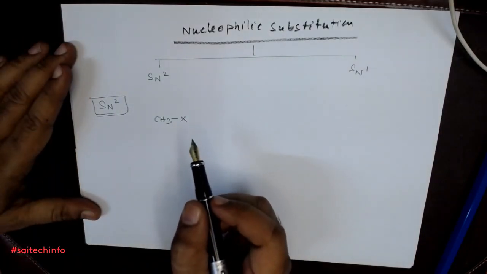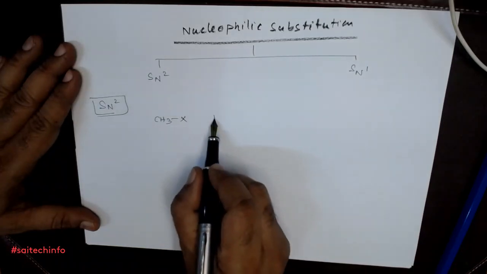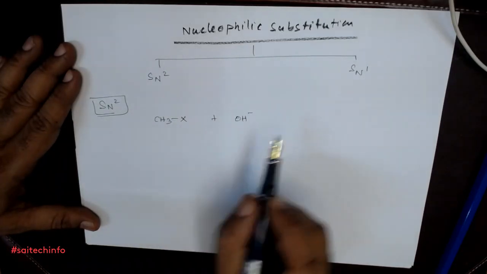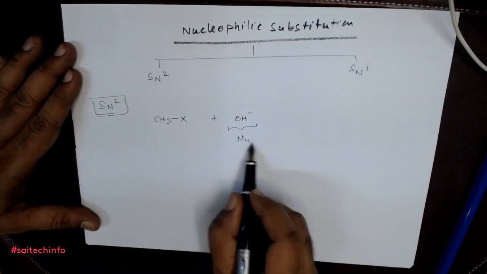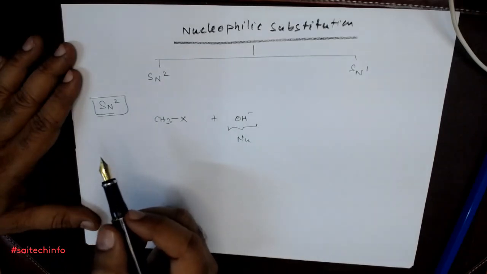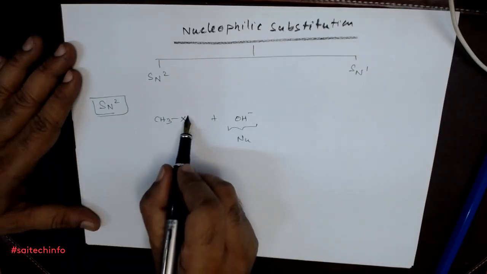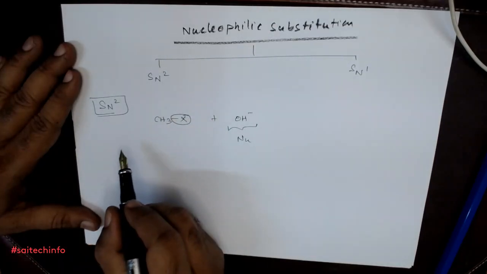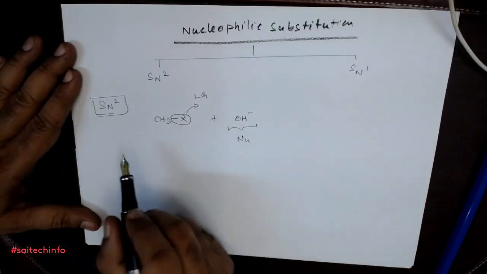This is the haloalkane where the hydroxyl ion is the nucleophile. And this X is the leaving group. LG means leaving group.